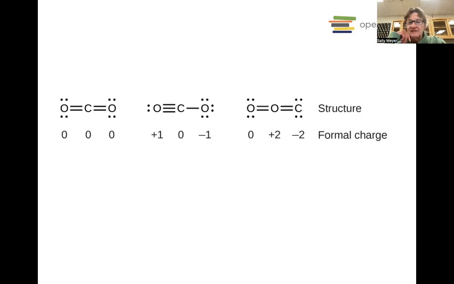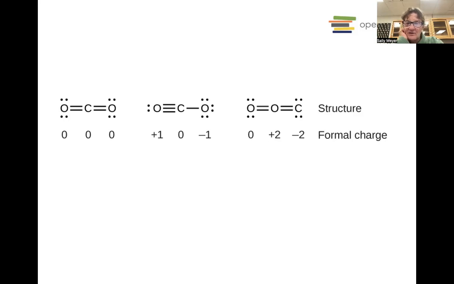Whereas if you look at the other 2 structures, we should be very careful. The one in the middle is a resonance structure of the one to the far left, because I haven't moved atoms. So when you compare these 2 structures, 2 double bonds versus a triple and a single, we would say that the 2 double bonds is the more stable form, because we haven't pulled charges apart.